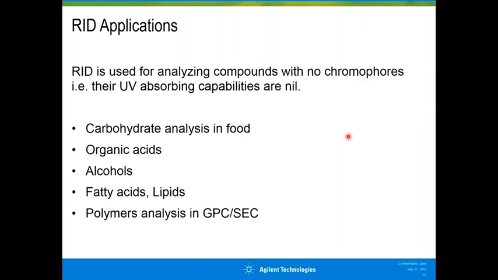Organic acids. Normally, RID detectors are said to be universal detectors, and it is true. It would give you a response for anything that is injected onto this detector. The only drawback would be sensitivity. The concentrations that I have to detect using this technique should be very high.